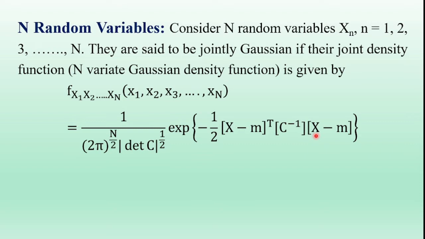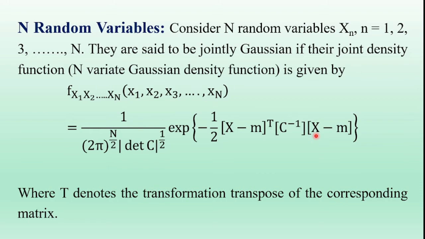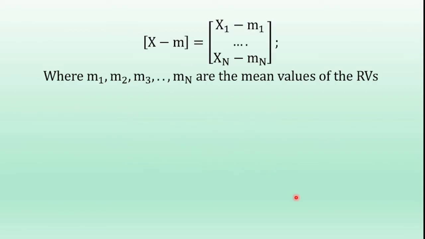So this is the general joint probability density expression for N random variables. In this equation, capital T denotes the transpose of the matrix X minus M, and C inverse is the inverse matrix of C. X minus M is the matrix of x1 minus m1, x2 minus m2, x3 minus m3, and so on, up to xn minus mn.